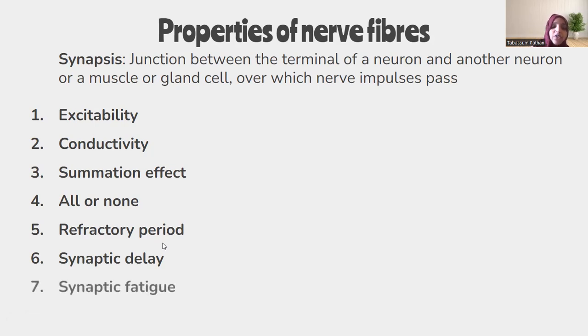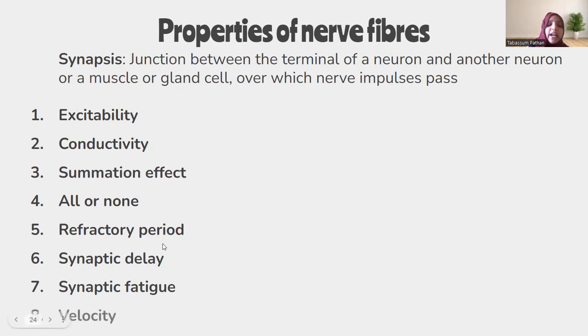And then finally you have synaptic fatigue. That is when the neuron is involved in a single transmission, there will be a time wherein it will sort of exhaust itself and stop transmission. It will halt for a few milliseconds, pause, and then continue the conduction and transmission of the electrical impulse.